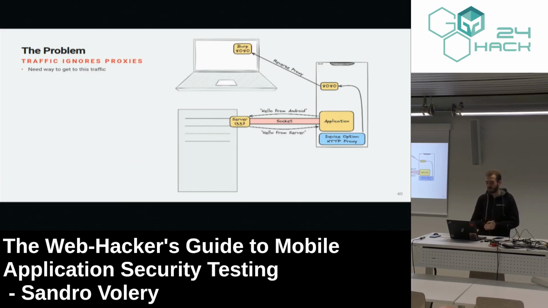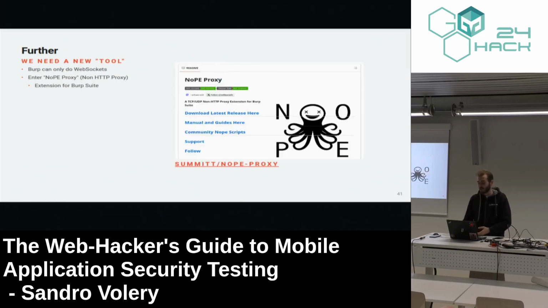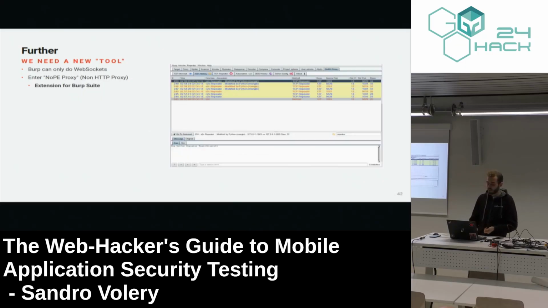And this is only one part of the problem, because we still need to deal with this other traffic format, right? Burp only understands HTTP and WebSockets. And this is where a new tool comes into play. This tool is called NOPE proxy. It stands for Non-HTTP Proxy Extension. It's an extension for Burp, and it provides you with this whole new suite of the same functionality you already have in Burp.